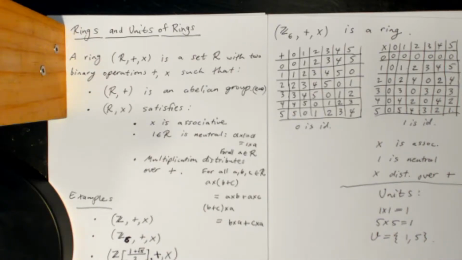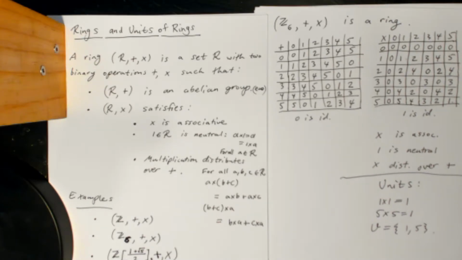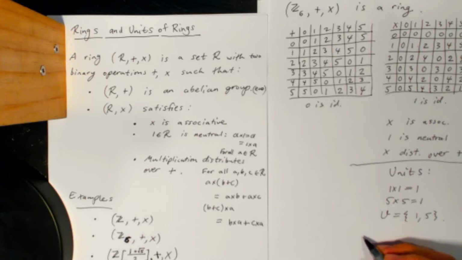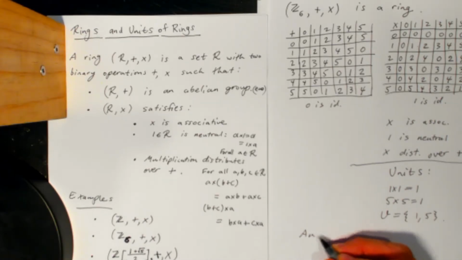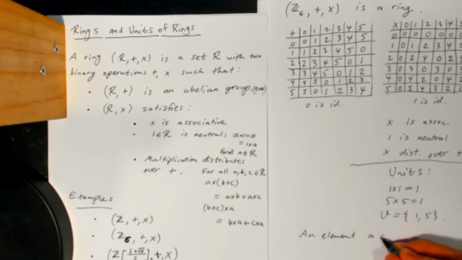Okay, which brings me to another concept which we'll do in another session, but the concept of greatest common divisors. So I'll say an element A of the integers mod m with multiplication.